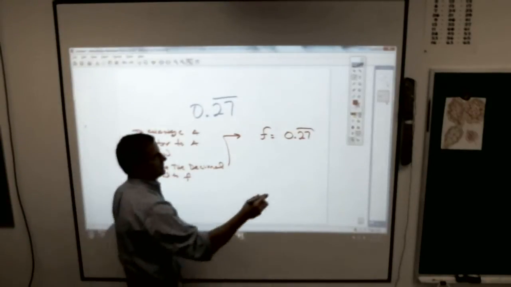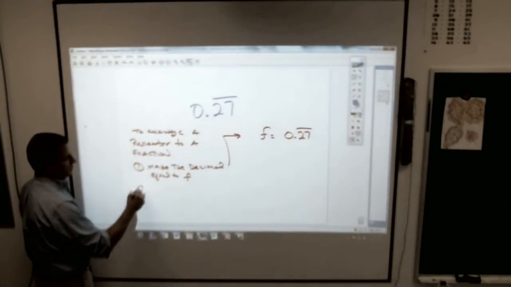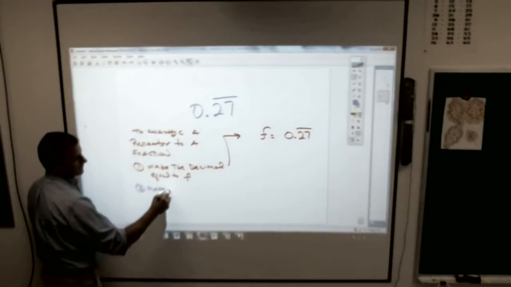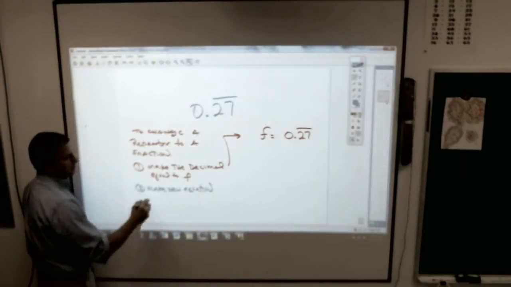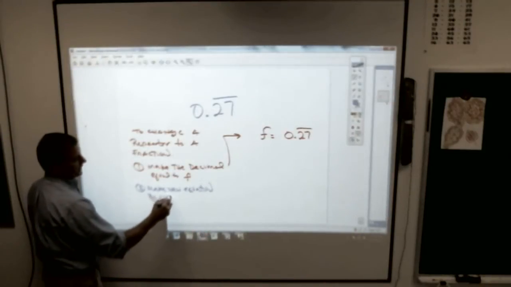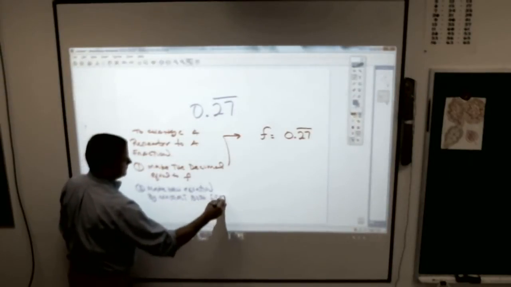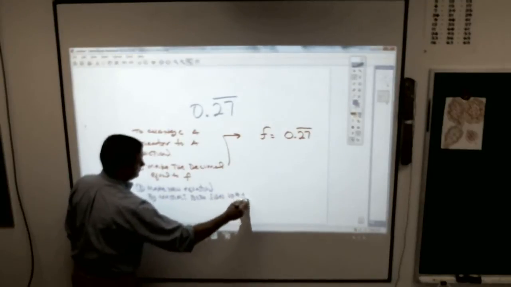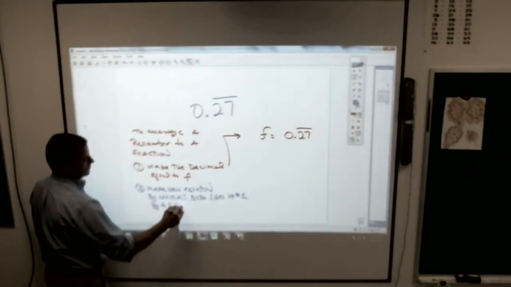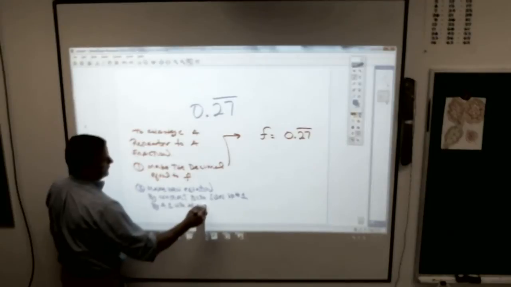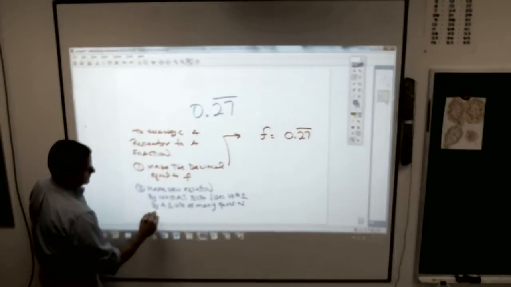Step number 2: make a new equation by multiplying both sides of the number 1 equation by a 1 with as many zeros as digits that repeat.